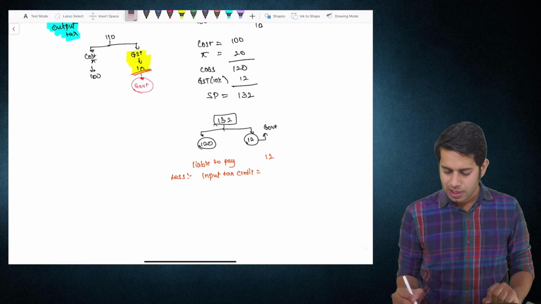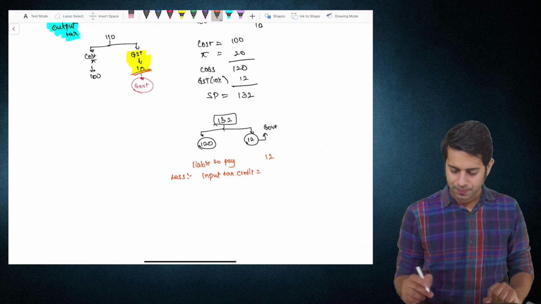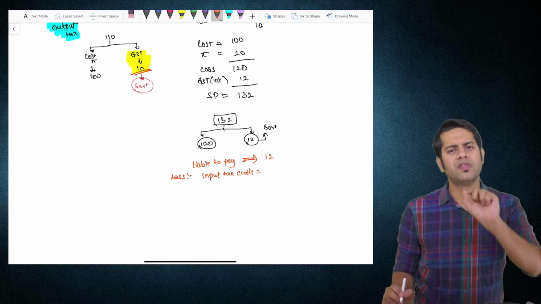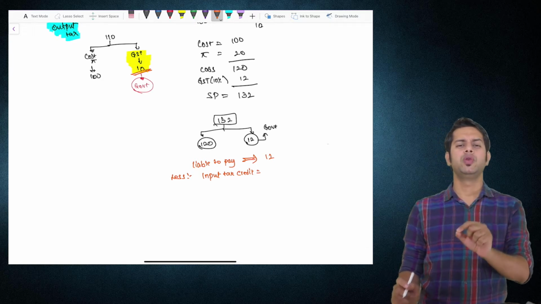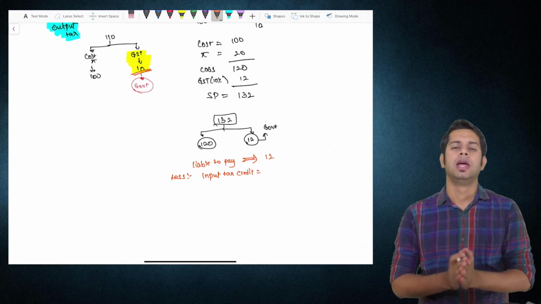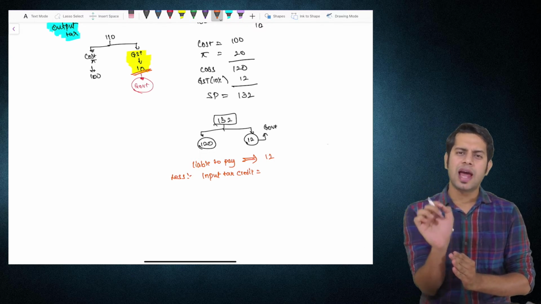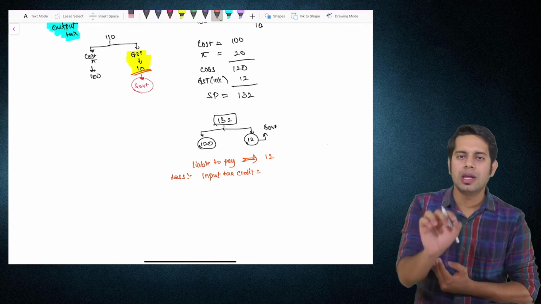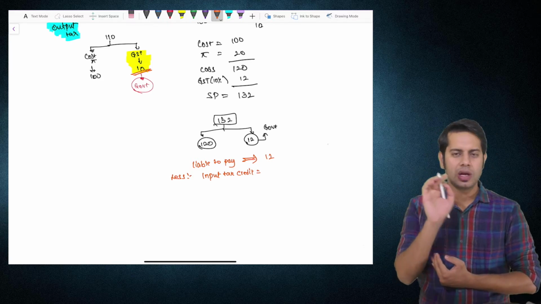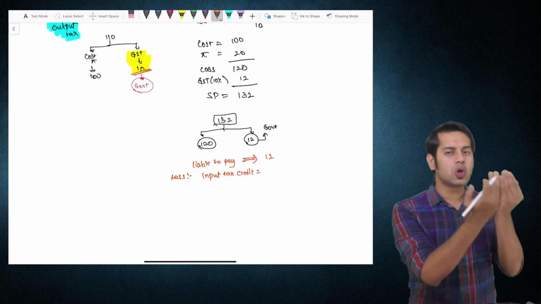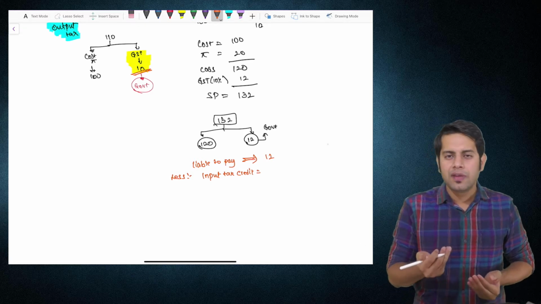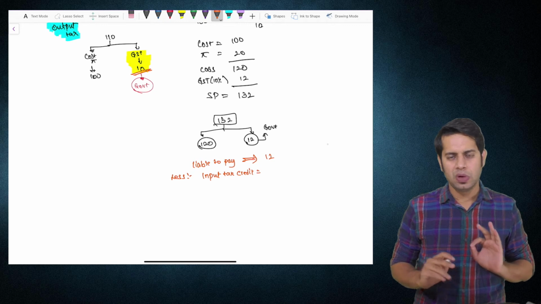In simple words, if you are taking the benefit of the tax which is paid by you on your purchases, it is said that you are taking input tax credit. Tax on your purchases is called input tax. If you are taking the benefit of that input tax, it is called input tax credit.